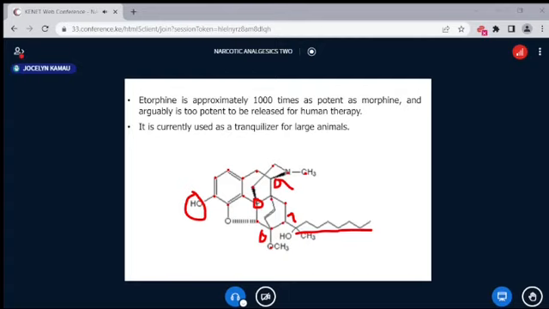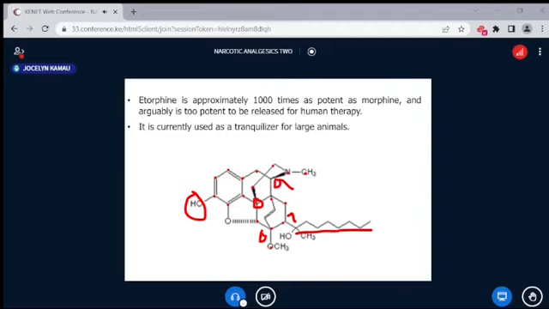And of course, there is also an addition of another ring, increasing its lipid solubility, giving those derivatives, the bane derivatives, very high lipid solubility, but maintaining their water solubility by addition of a hydroxyl group and a substituent at position number 7.